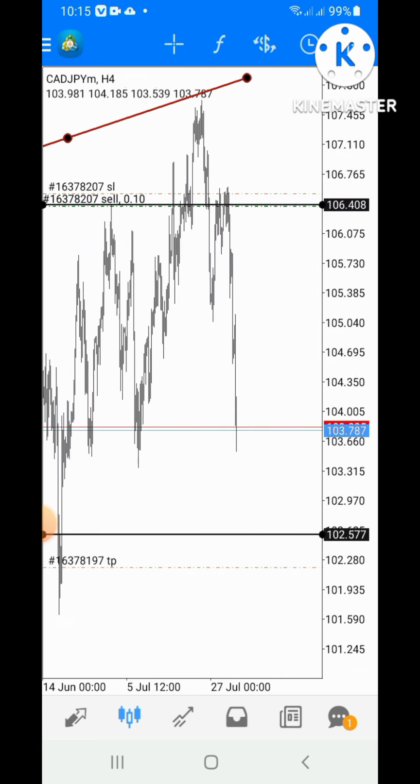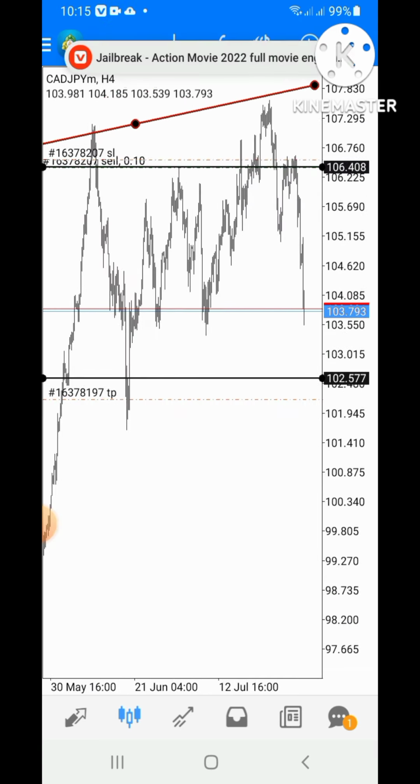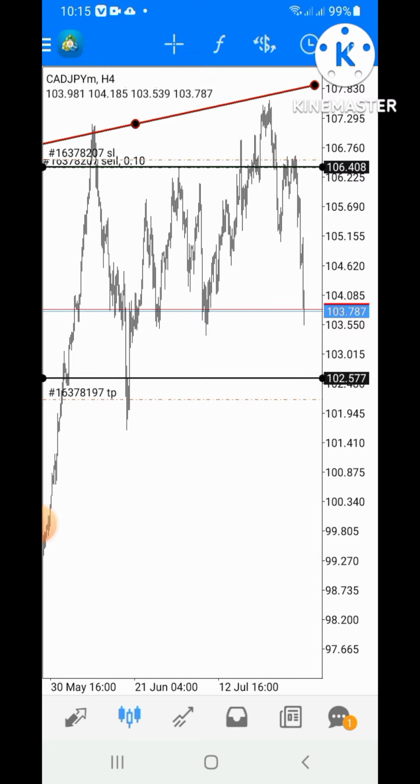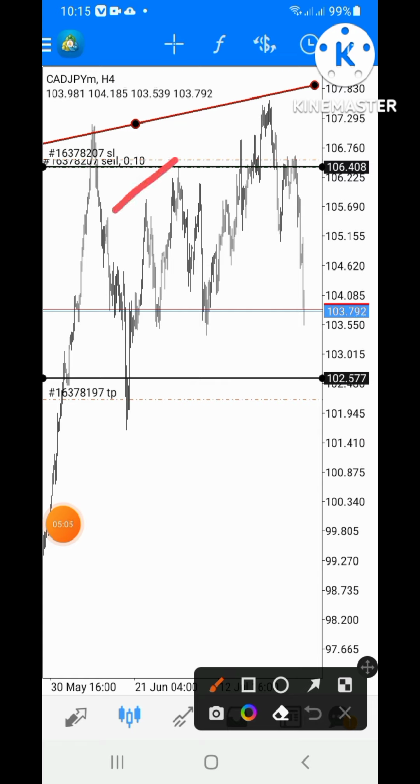Before I move on, I told you about one thing, guys. People have been asking me about what I drew, that triangle you saw me drawing. I cannot explain it here because it's long.